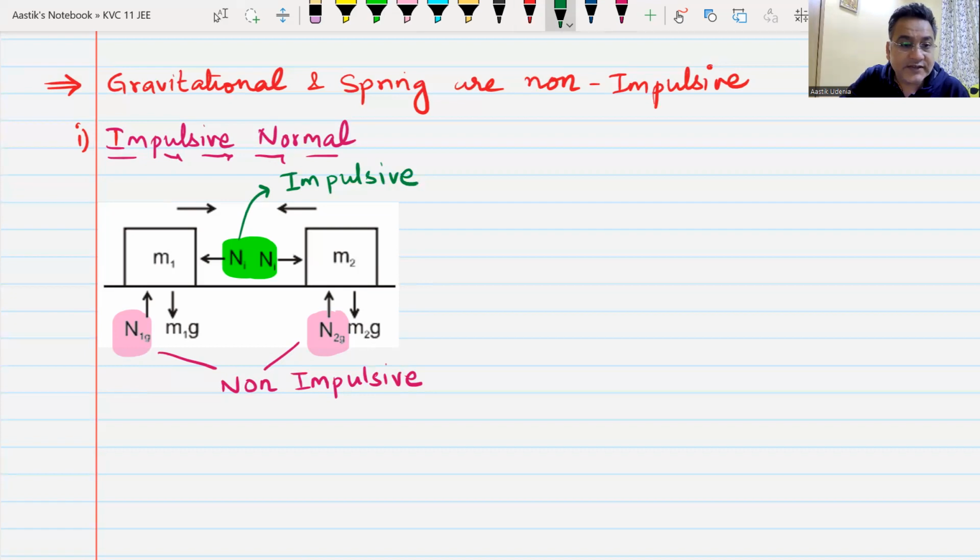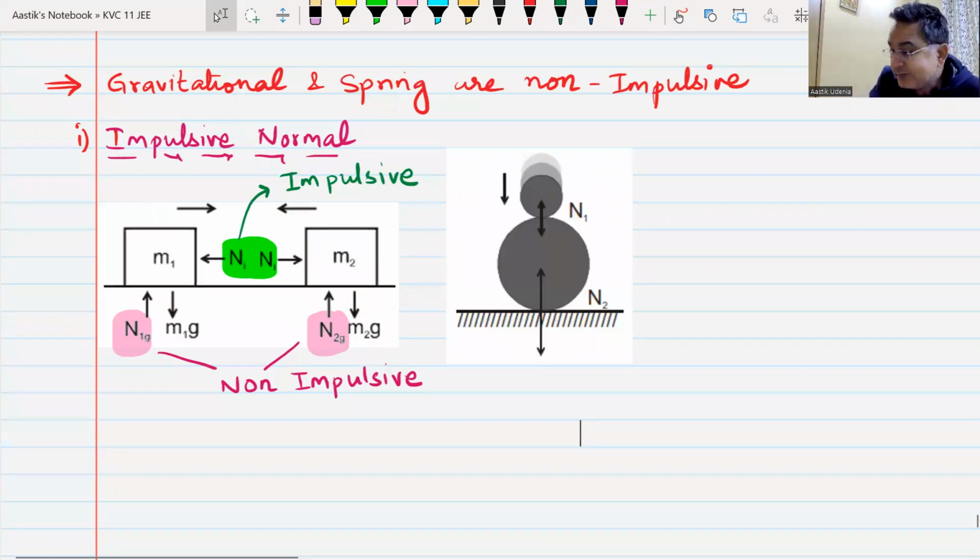Okay, this was the first example where you can see impulsive forces acting. Let us move on to the next example. Here also we see two normal reactions, N1 and N2.